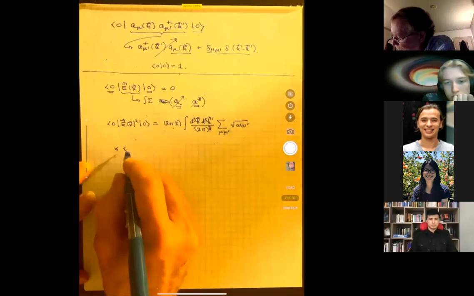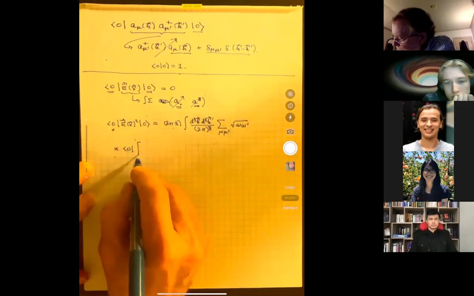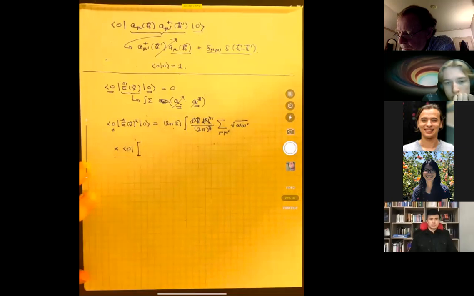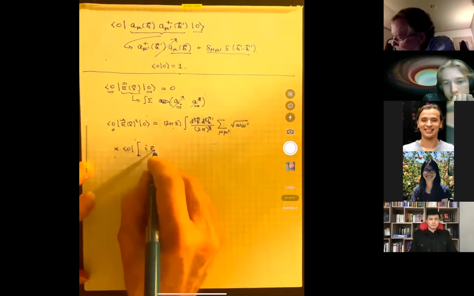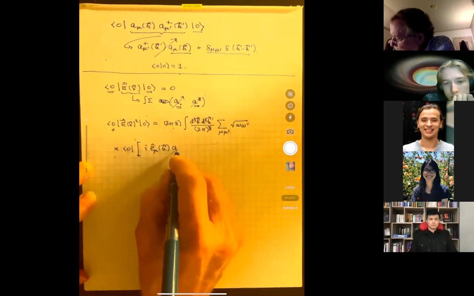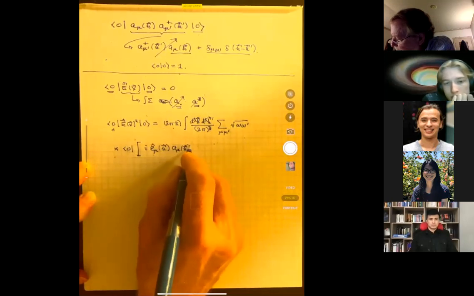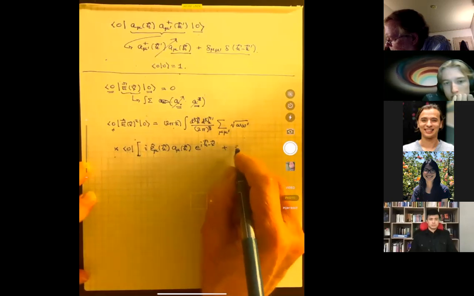And here I better put in the vacuum bra because I need that here, you see. Then I'm going to get what's left of the first factor of the electric field. I'll write this as i epsilon sub mu hat of k vector times a sub mu of k times e to the i k dot x, and then I'll put in plus Hermitian conjugate.